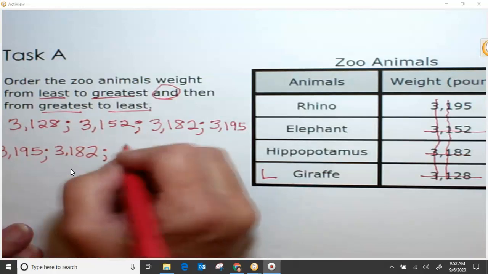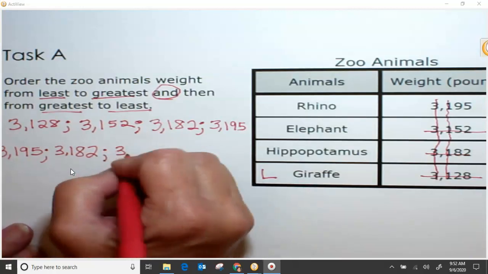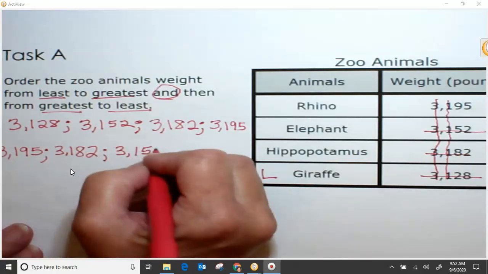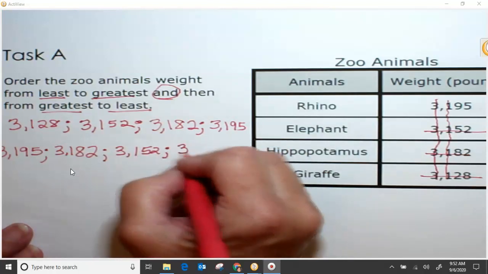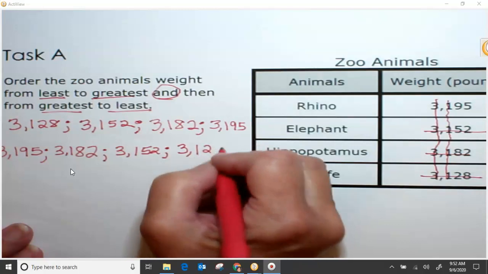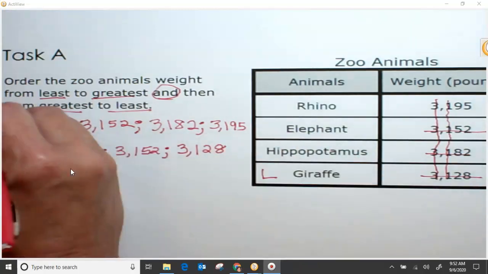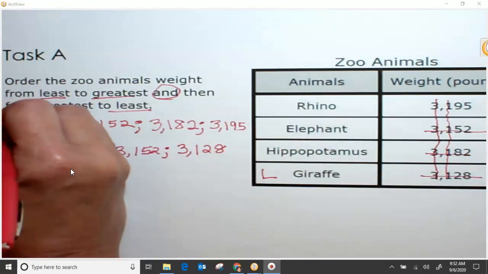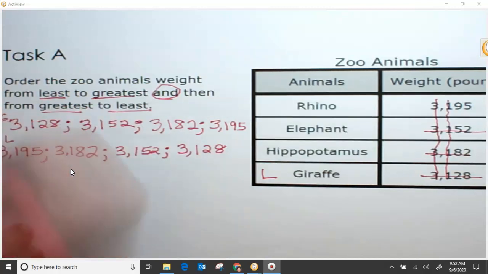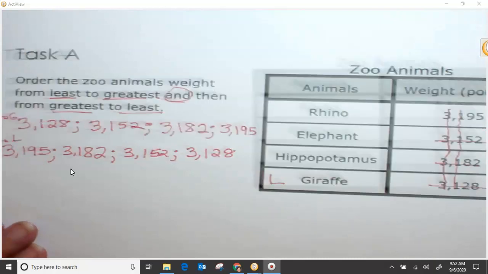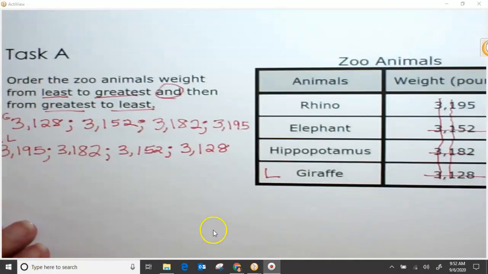The next greatest, 3,152. And my smallest number, 3,128. So now I have least to greatest here, and this one is greatest to least. Very good. Let's see what's next.